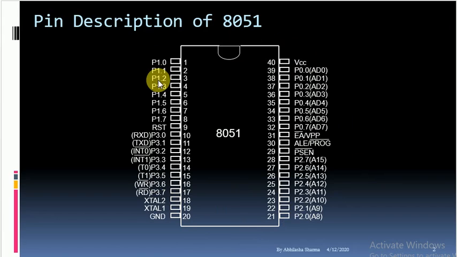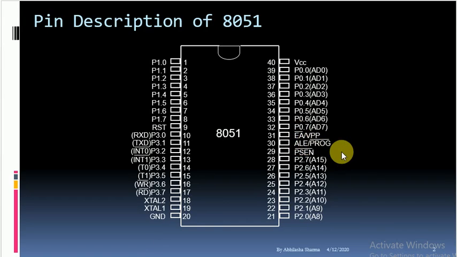The remaining 8 pins are: one is VCC, used for the supply, another is the ground, two pins are used for the crystal oscillator, one is used for reset, and the remaining two pins are EA, external access, and ALE. This ALE is just the address latch enable signal.